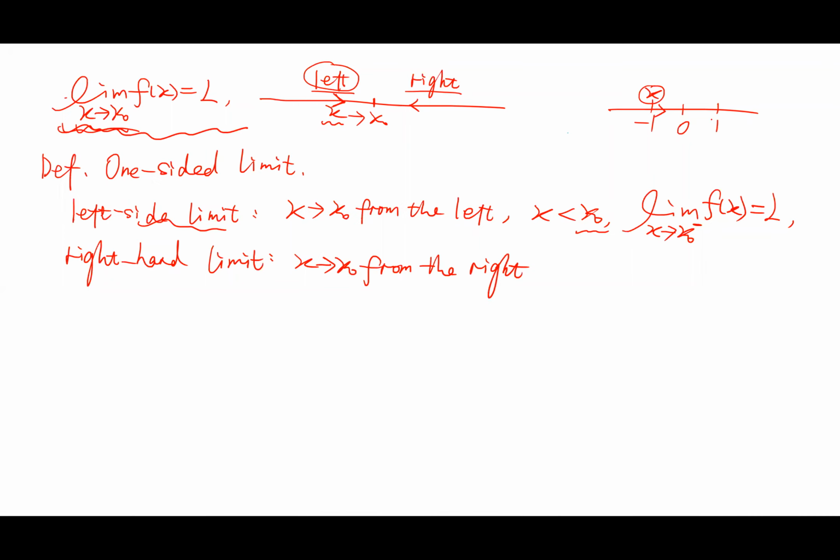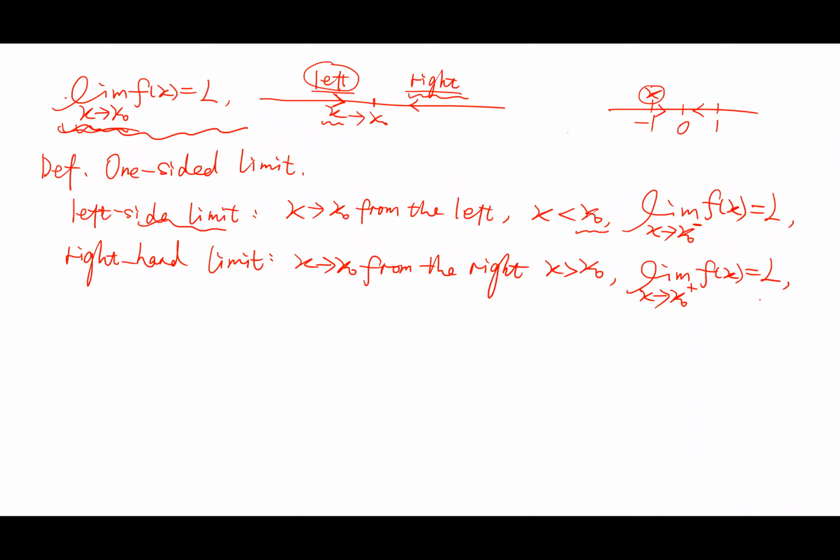When x approaches x0 from the right, that means x is larger than x0, right? If the limit exists, we call it the right-hand limit, and we write x approaches x0 from the plus, right hand. So we write plus here: the limit of f of x equals L.